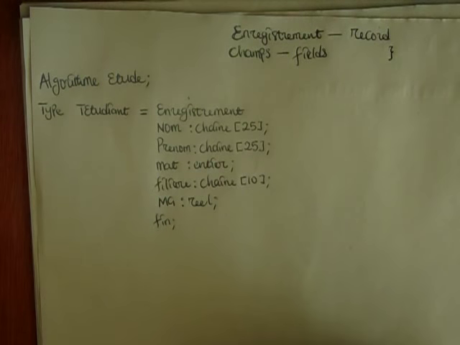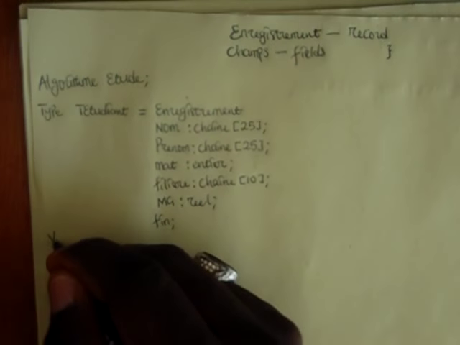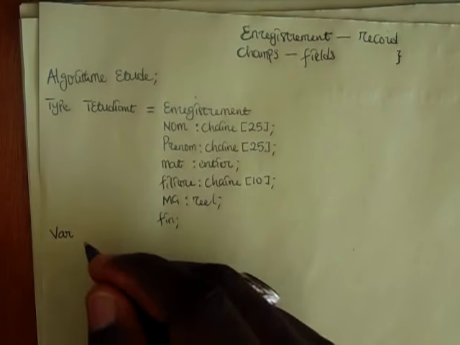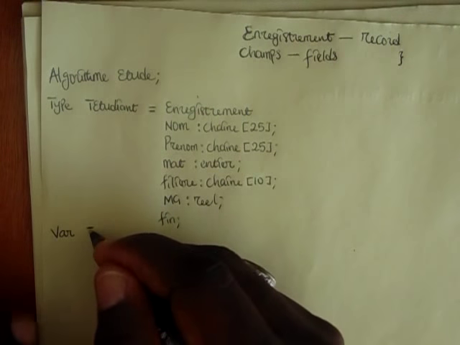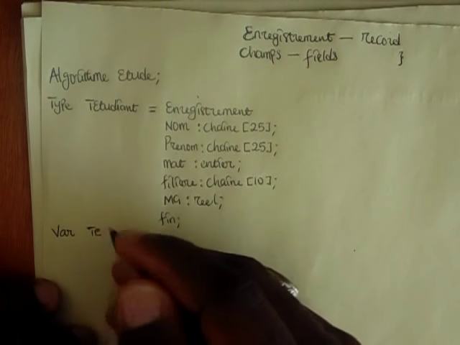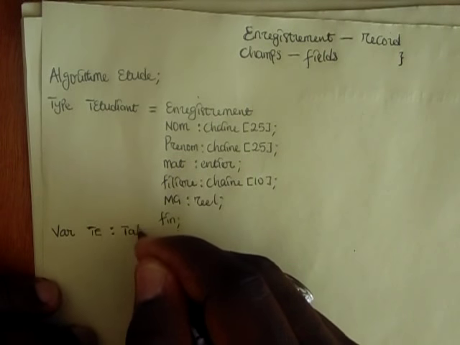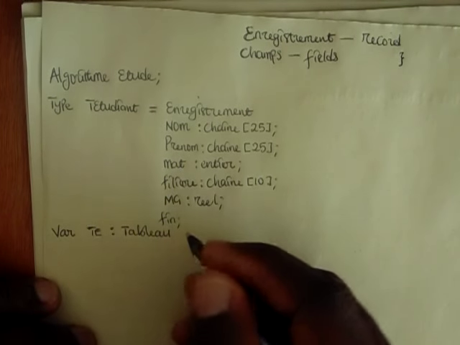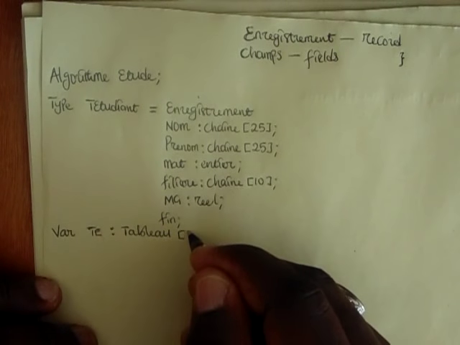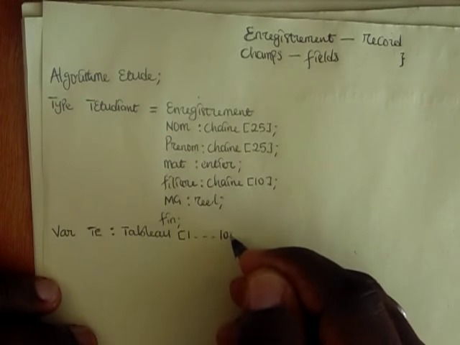So we declare the variables now with var. I'll call this TE. What type is it? It is a table, tableau of 100 elements.